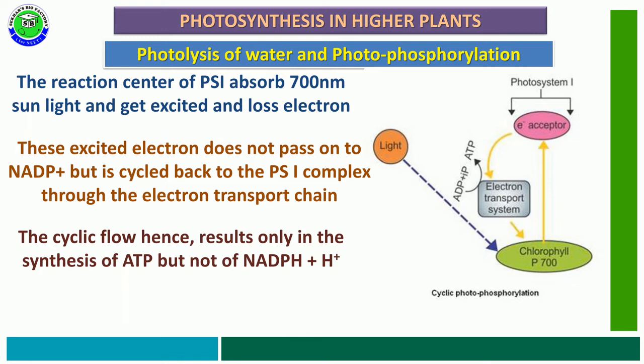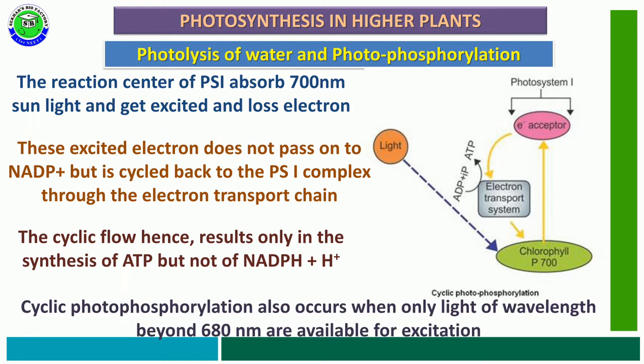In this cyclic flow of electrons, only ATP molecules are formed, but there is no formation of NADPH + H+. Due to the absence of NADP reductase enzyme, the electron does not reach NADP+ and it circles or moves in a cyclic pathway, so only ATP molecule formation takes place in cyclic photophosphorylation, but there is no synthesis of NADPH + H+.